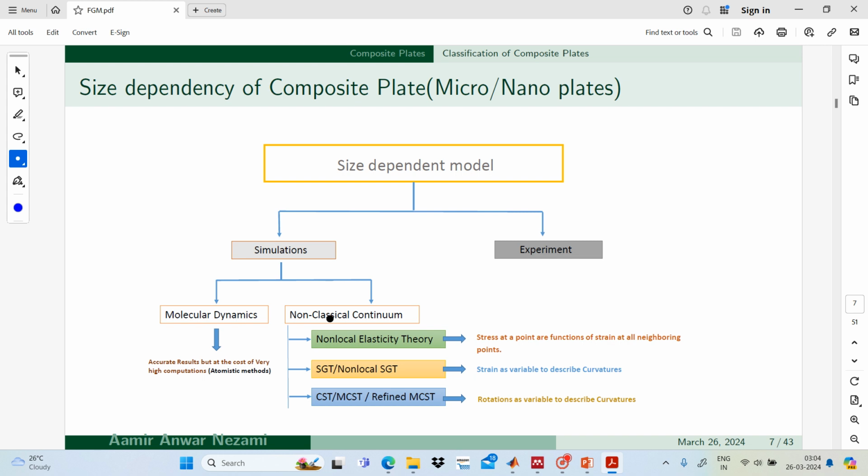Another is the non-classical continuum mechanics. That is having three theories: non-local elasticity theory, strain gradient theory, and the refined micro couple stress theory, or the modified couple stress theory. So we don't have much interest in it right now. We are seeing for the macroscopic level. So I've just given an idea for this.